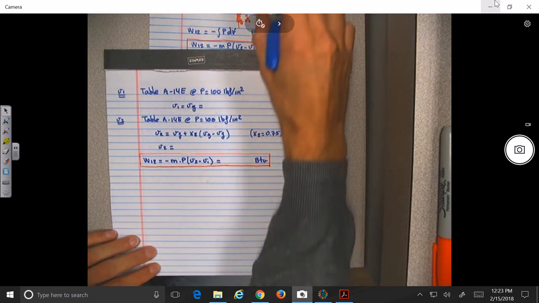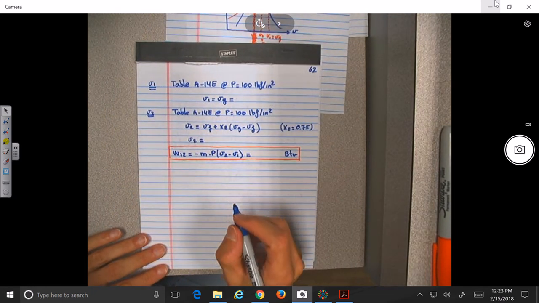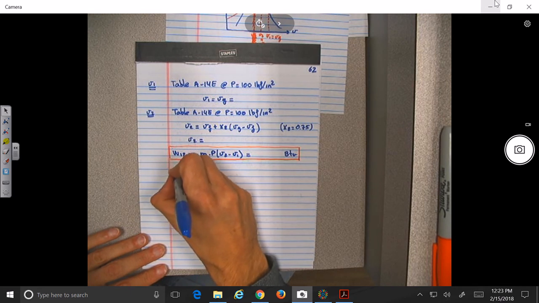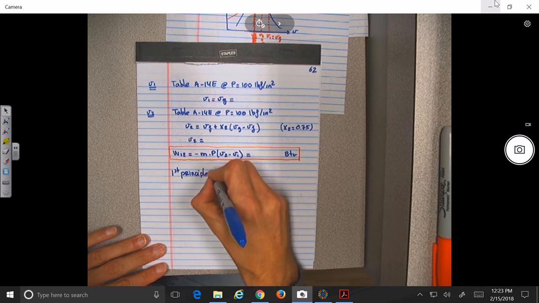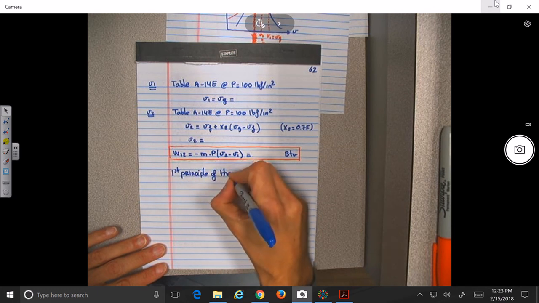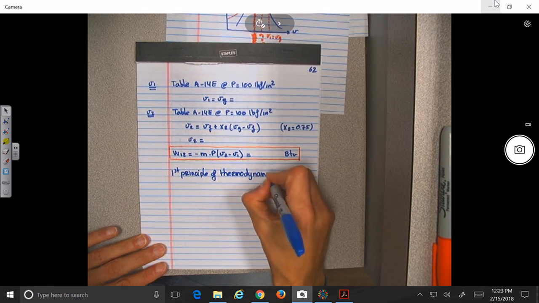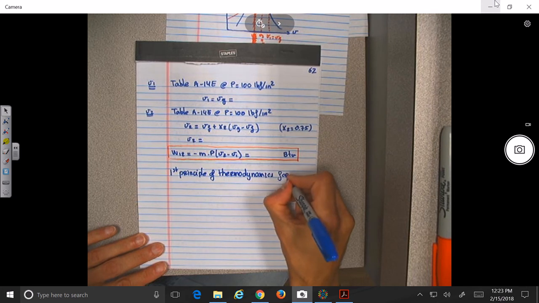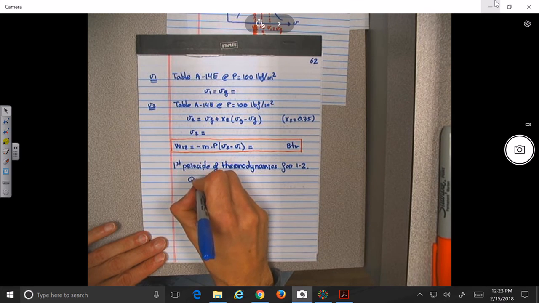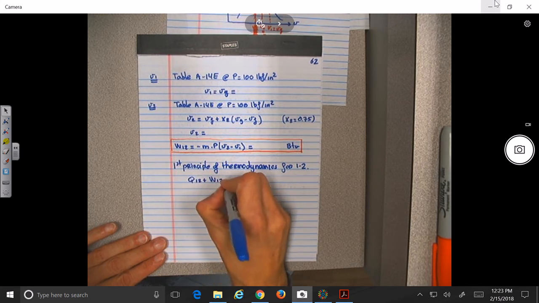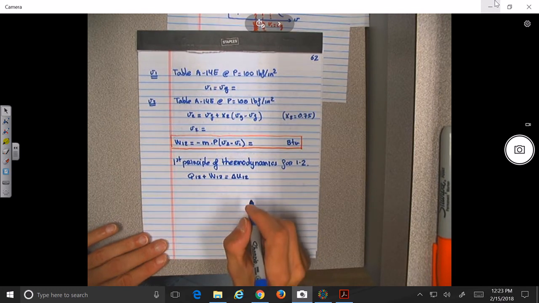We also need to find what? Q1-2, no? Okay, so in order to find Q1-2, what do we do? Apply the first principle of thermodynamics for process 1-2. Q1-2 plus work 1-2 equals to what, after neglecting kinetic and potential energy?